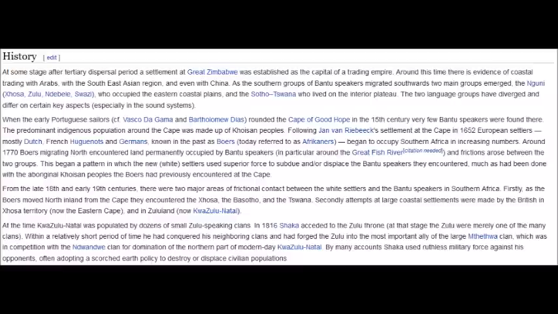By many accounts, Shaka used ruthless military force against his opponents, often adopting a scorched earth policy to destroy or displace civilian populations.